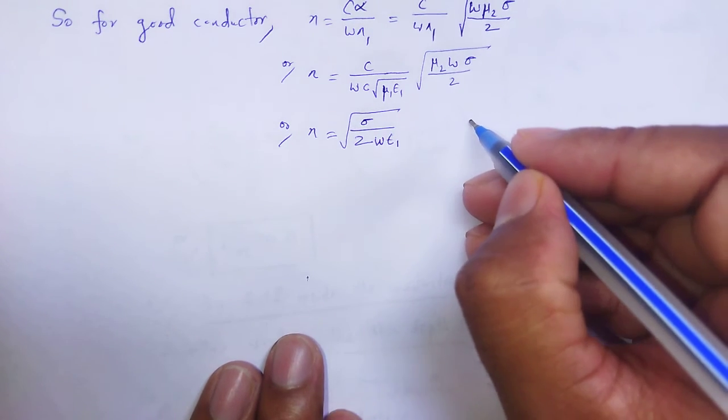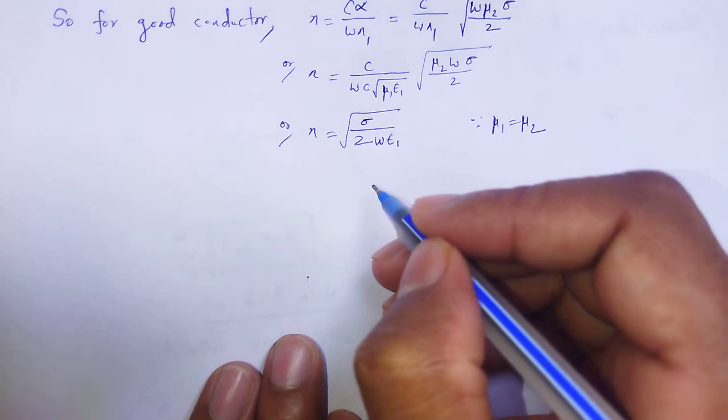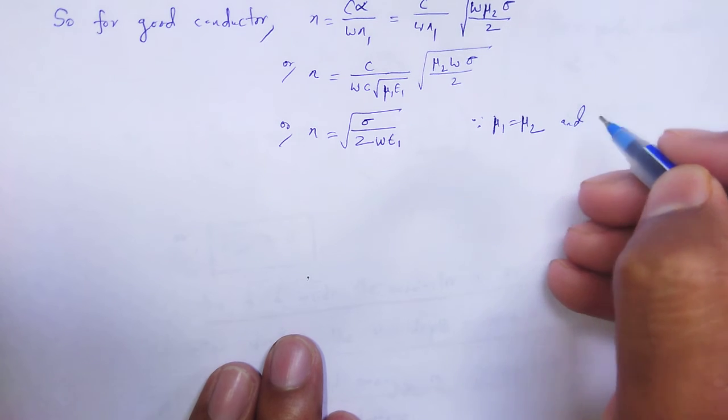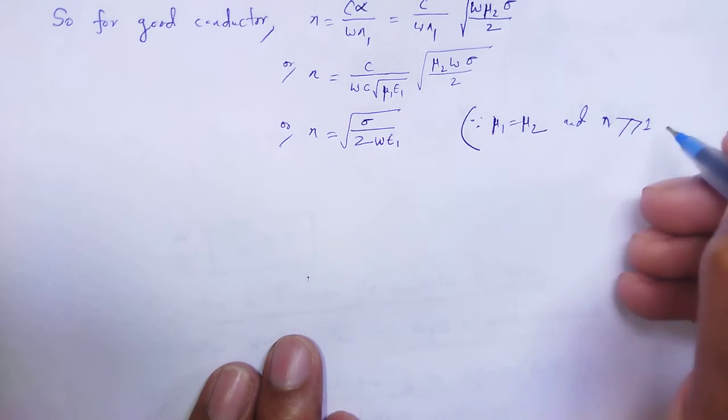Why we prefer like this? As we say omega 1 is equal to omega 2 and n is very greater than 1.